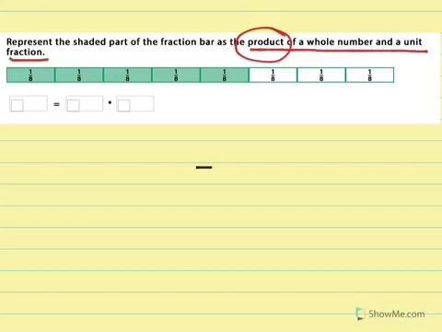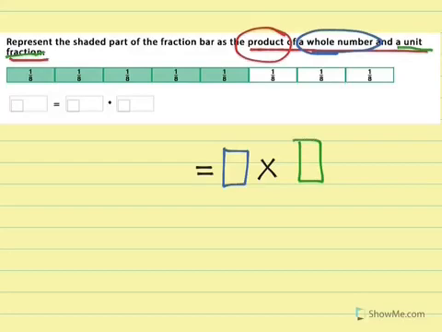So I know that I'm going to be multiplying, right? And then it says a whole number times a unit fraction. Okay? And it has to equal my shaded part.